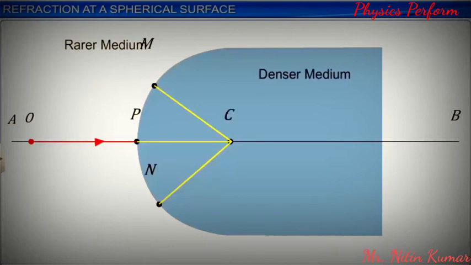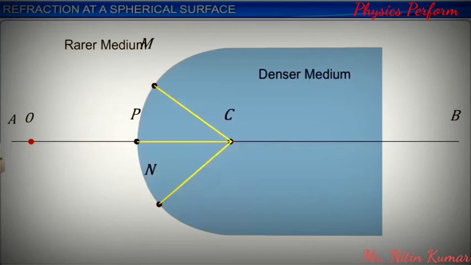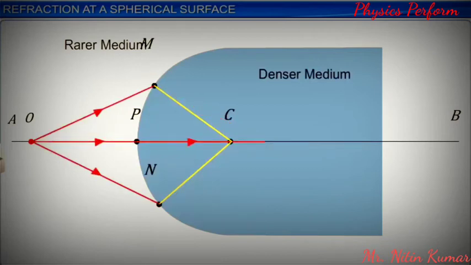Whereas, rays like OM and ON, after refraction, bend towards the normal because they pass from a rarer to a denser medium. All the refracted rays converge to a point on the principal axis and form a point image I. Here, PO is the object distance u and PI is the image distance v. And if the radius of curvature is R, then PC is equal to R.